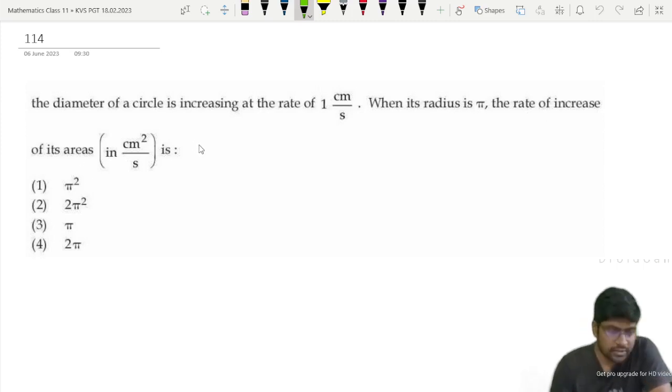So the rate of increase of the diameter is 1 centimeter per second. Let me take the diameter as capital D. So the given information is dD by dt is equal to 1, where capital D is the diameter of the circle.